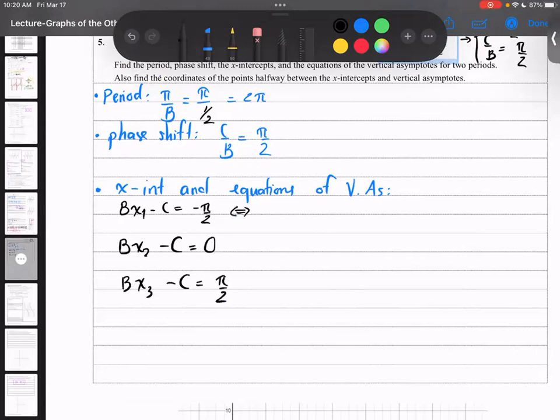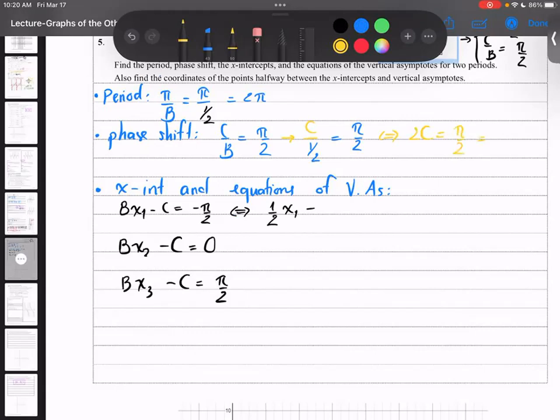You know what b is? b is 1/2. x1 is the one we're looking for. I need to solve for c using the phase shift. c divided by 1/2 is the same thing as c times 2/1, 2c equals pi half.